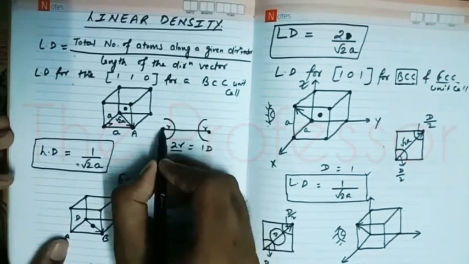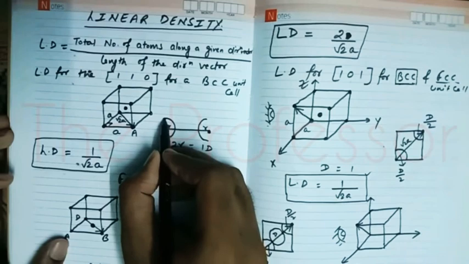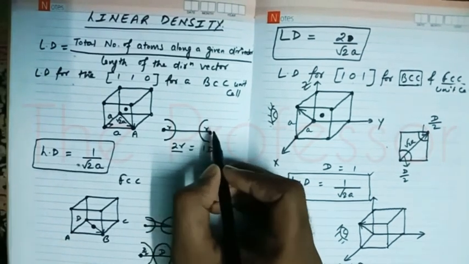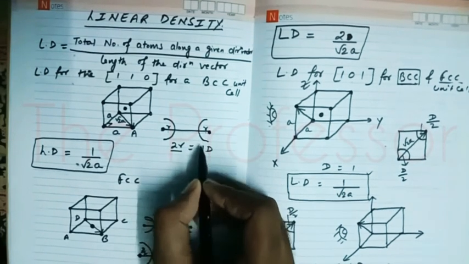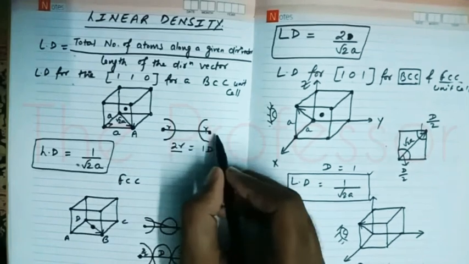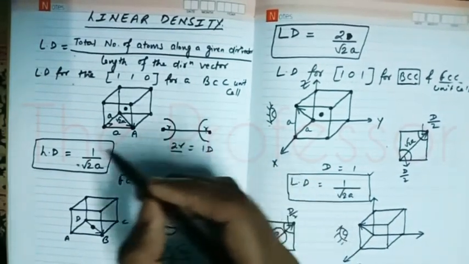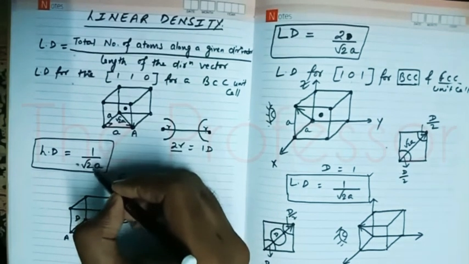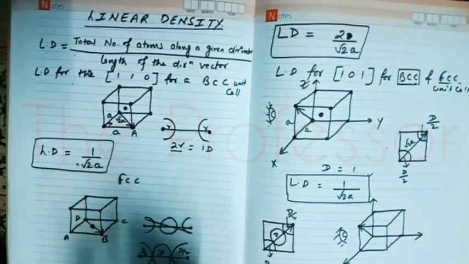This was the direction vector from the top, right? We have atoms at this corner and at this corner, so we have d by 2 here and d by 2 here. So the total number of diameters in this case was 1, so the number of atoms along this direction vector was 1, which was divided by the length of the direction vector. So the linear density which we got here was 1 by root 2a.